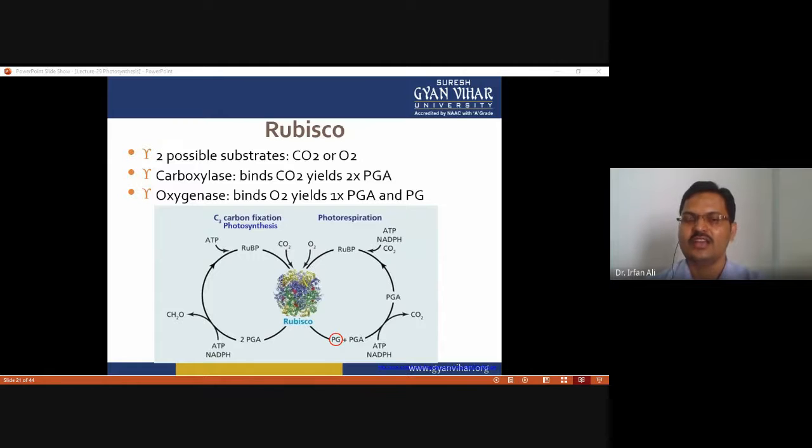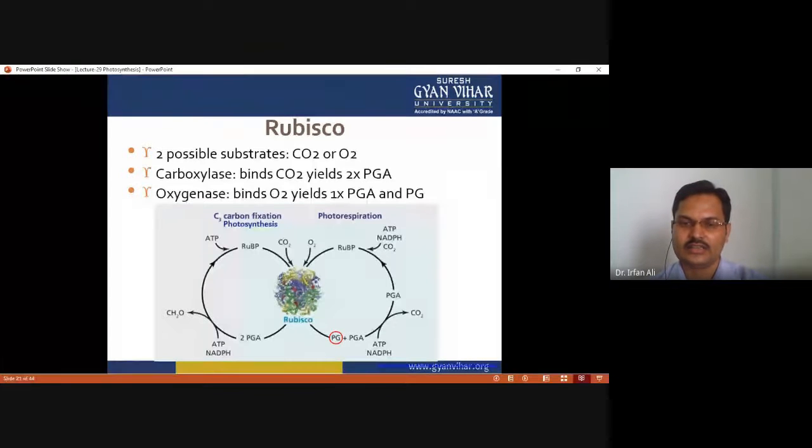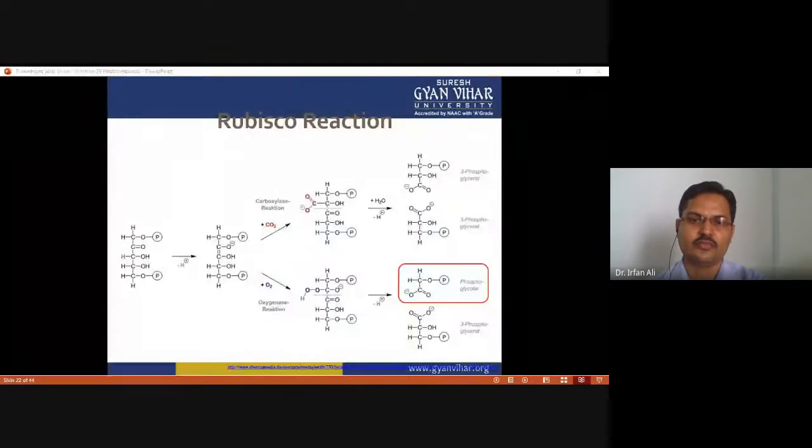This molecule of phosphoglycolate cannot be used for the production of glyceraldehyde 3-phosphate, so in that way this carbon is lost. See that process in this figure.